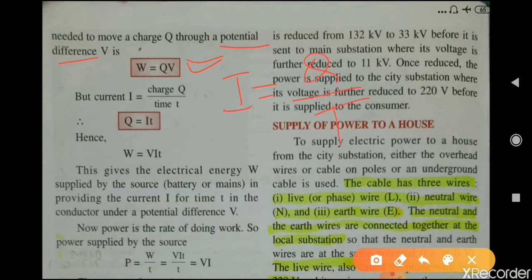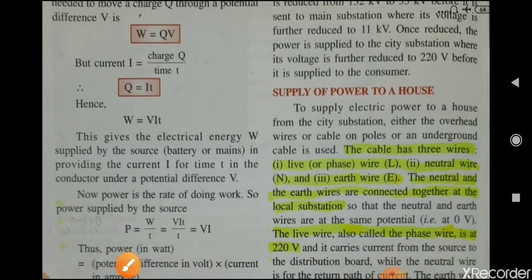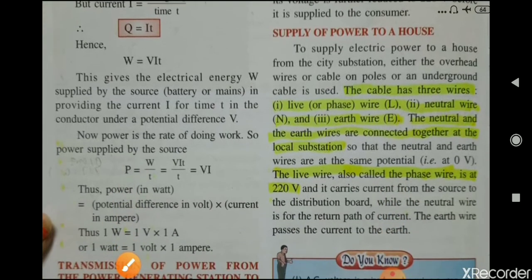Now from here, the value of Q is equal to It, and by putting this value of Q in this relation, W is equal to VIt. This gives the electrical energy W supplied by the source in providing the current I for time t in the conductor under a potential difference V volt. Okay, so this is the electrical energy in terms of potential difference, current and time.